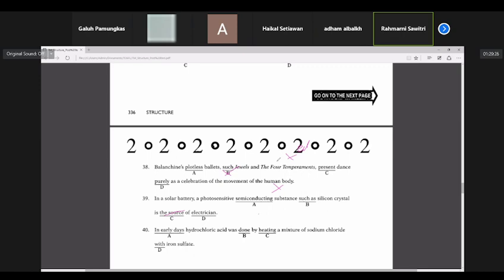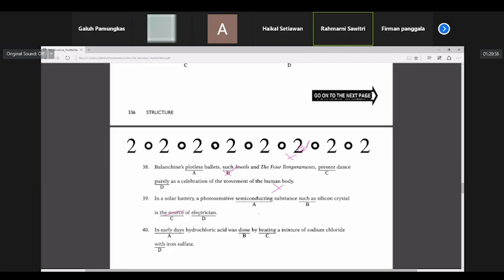In a solar battery, a photosensitive semiconducting substance such as silicon crystal is the source of electrician.